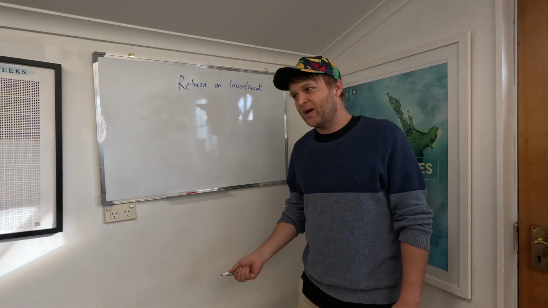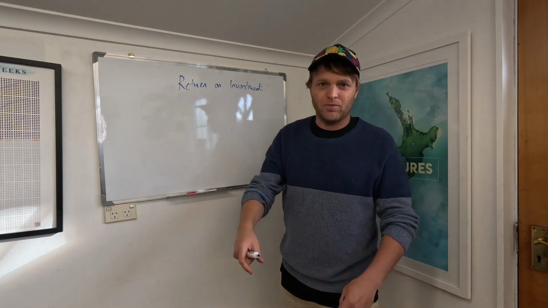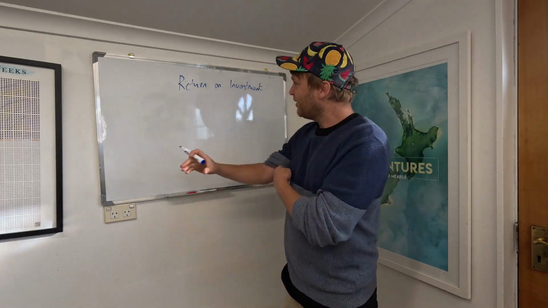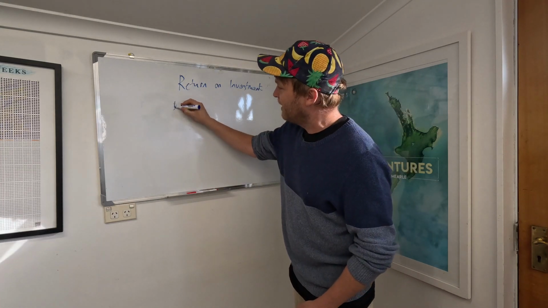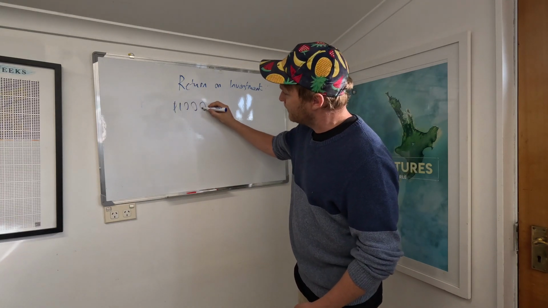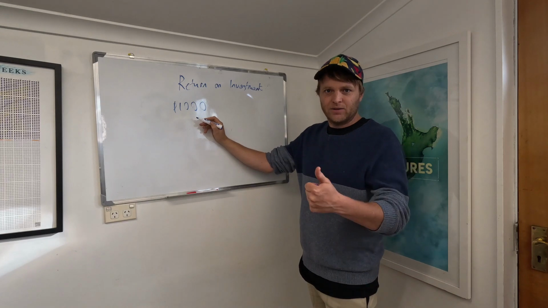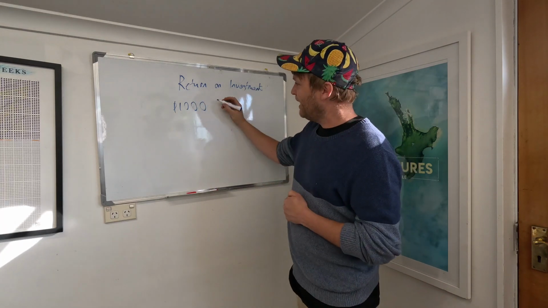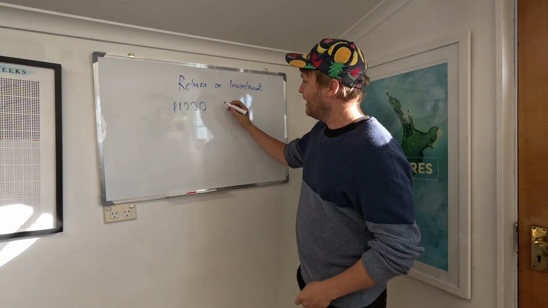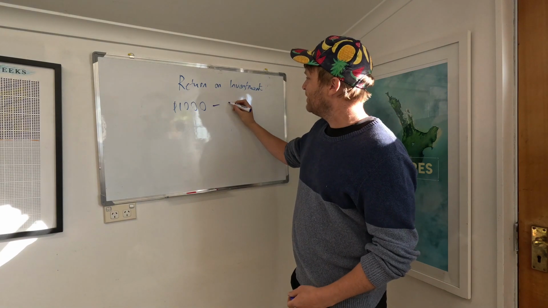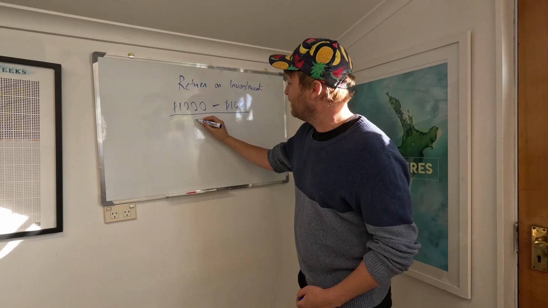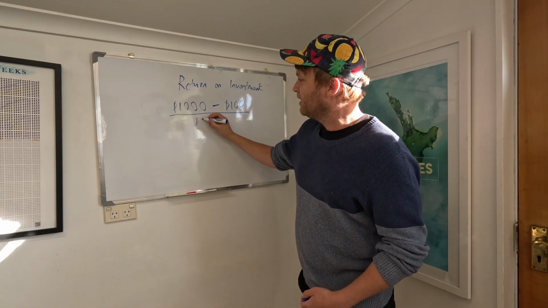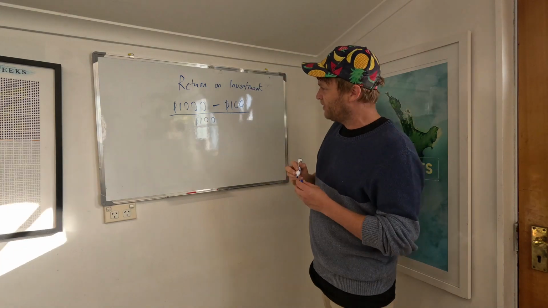So we want to know how much money we spent on marketing and what return we got from that. To calculate that, let's say we made $1,000 in a month, and we spent $100 on ads. So we go $1,000 minus $100, and then divide by $100, and that will give us our return on investment.